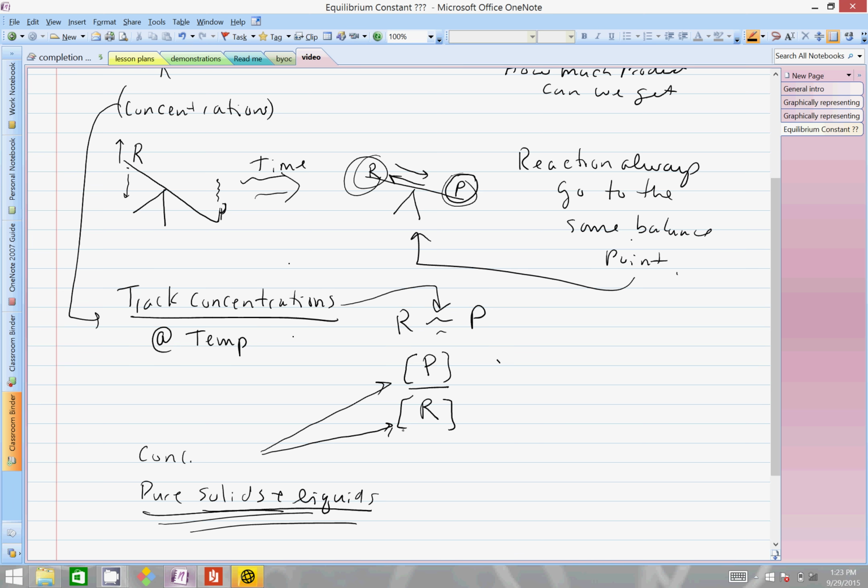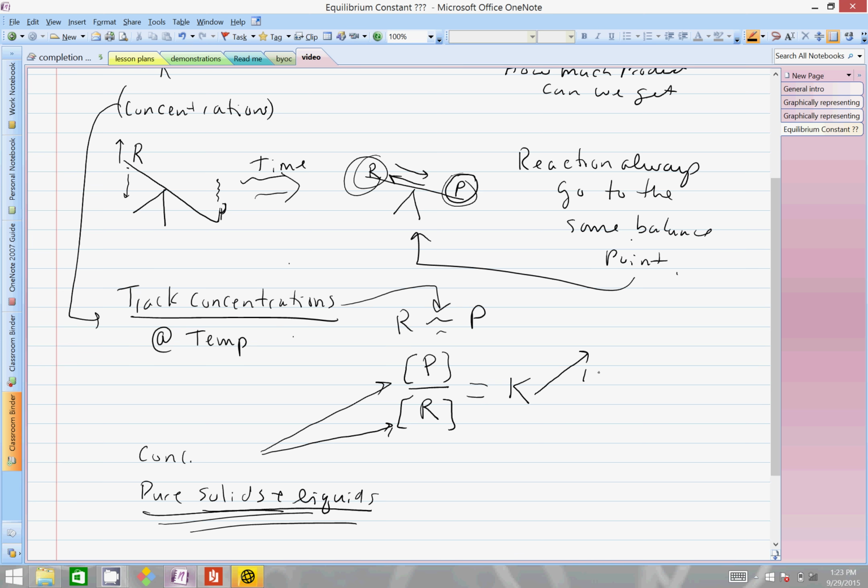So in this sense, we have a relationship between the ratio of products over the ratio of reactants, and this balance numerically forms a constant which is called K. And K, in the end, will allow us to know to what extent a reaction goes to product or goes to reactant.